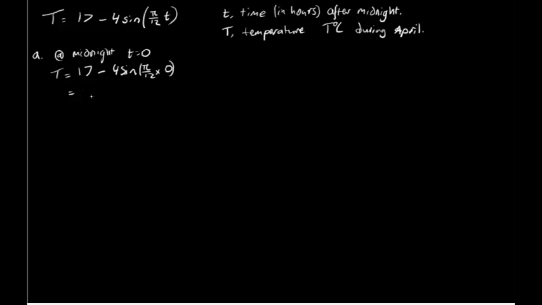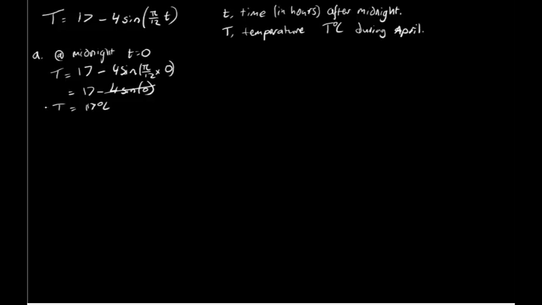If we work that out, we get 17 take 4 sine of 0. Sine of 0 is 0, 4 times 0 is 0, so our temperature is 17 degrees Celsius. So that's our part A.